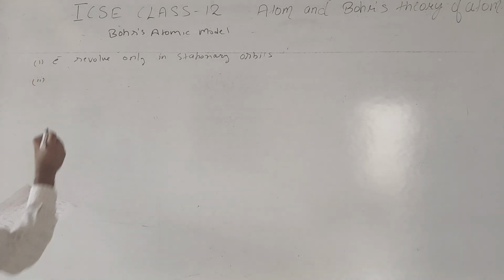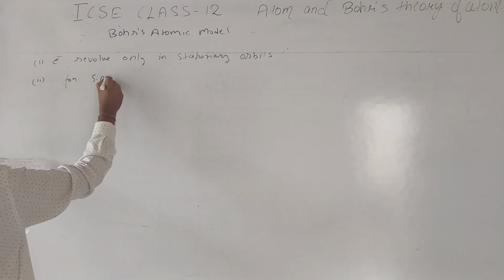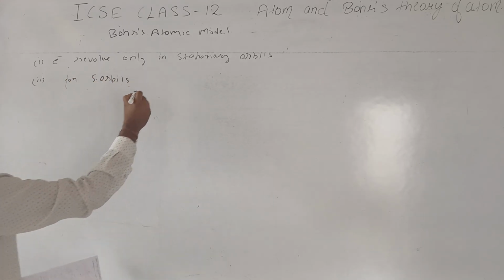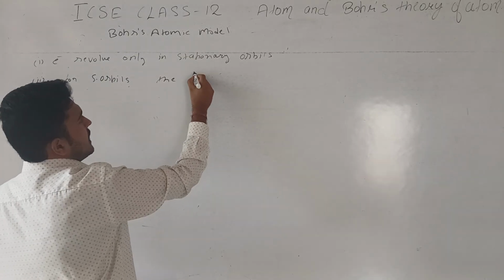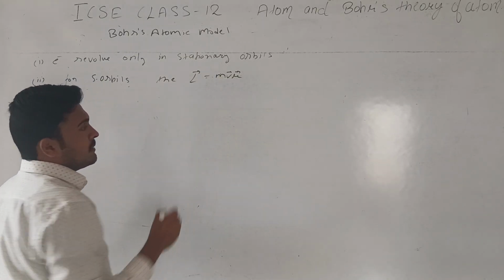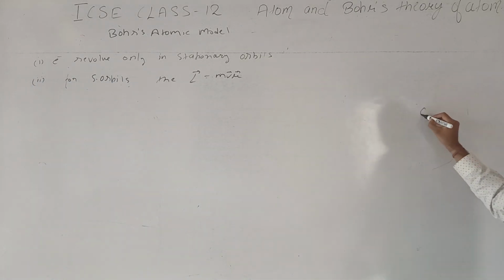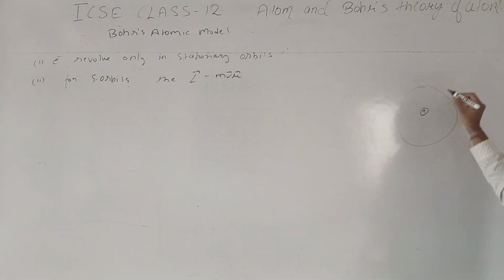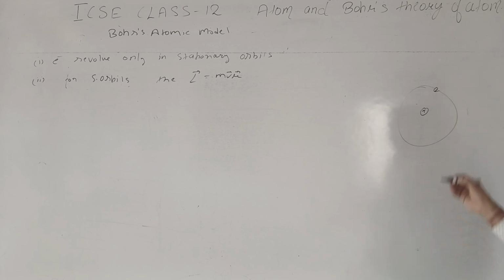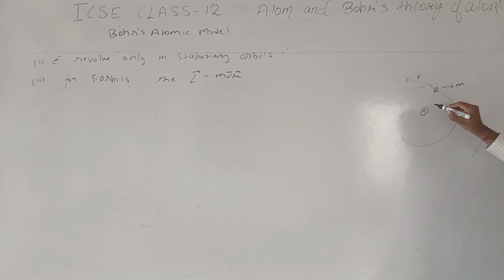Stationary orbits are orbits for which the angular momentum, which is equal to mvr, is considered. The electron is revolving around the nucleus, it has a mass m and a certain tangential velocity v, and there is a radius of the circular path r.